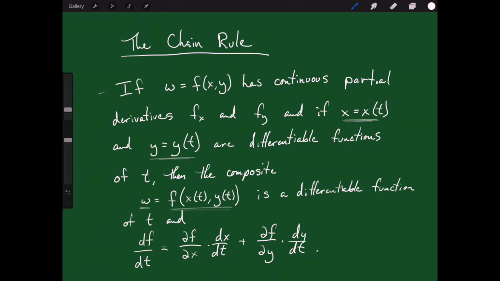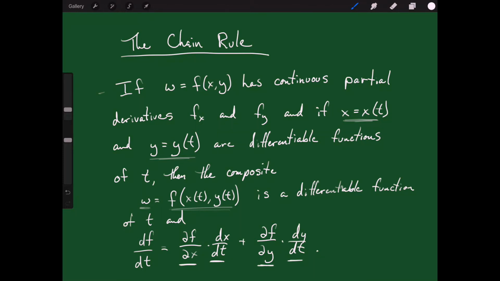Then that function itself is differentiable with respect to t, which makes sense, and the way that I could compute the derivative is the following, and this is the big idea: I can compute the partial derivative with respect to x and multiply it by dx/dt, and then I add on taking the partial with respect to y and multiplying by dy/dt.